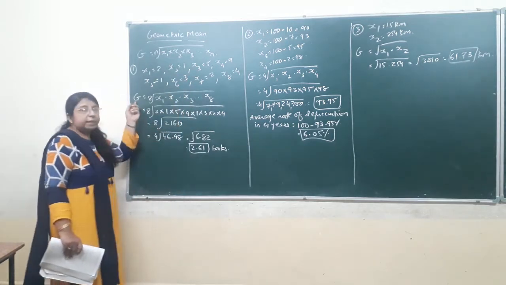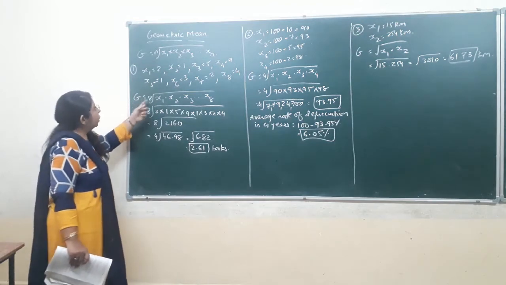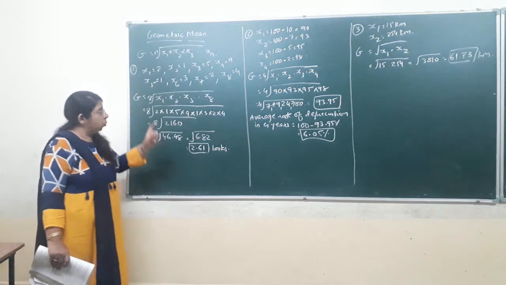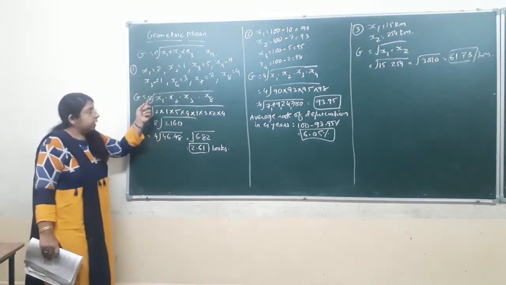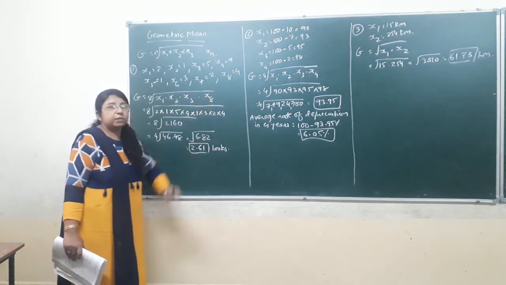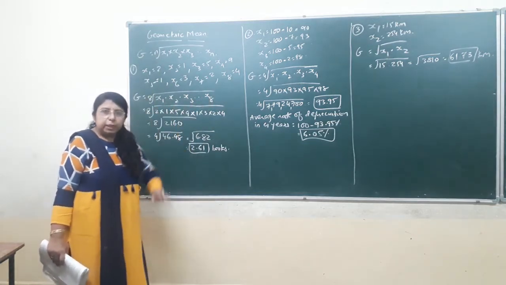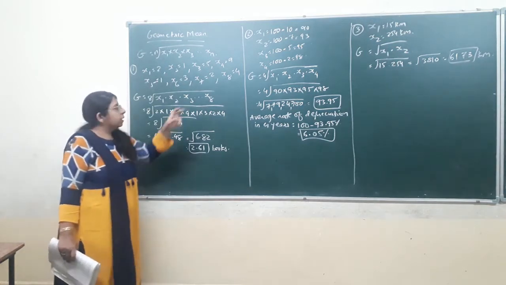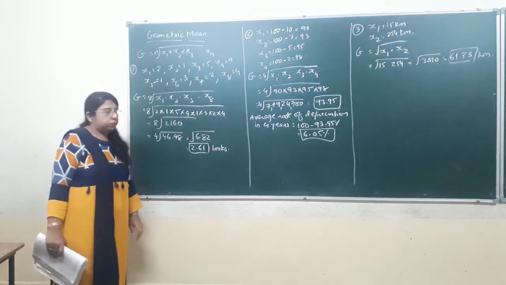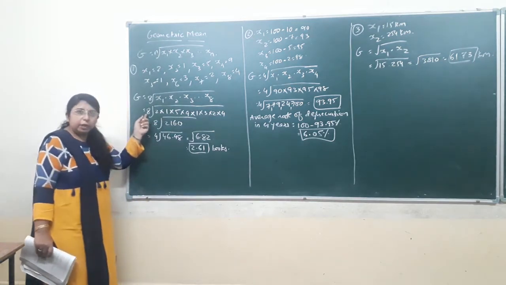Now placing all the data in the formula of G, that is geometric mean. Geometric mean is equal to the nth root, and what is n over here? Total 8 students' data has been given to you, so n would come as 8, and x1 into x2 into x3 up till x8. You can write x1, x2, x3, x4 up till x8 also, but in order to shorten it, I have put dots and at last x8. Outside the root is 8 because n is equal to 8 over here.